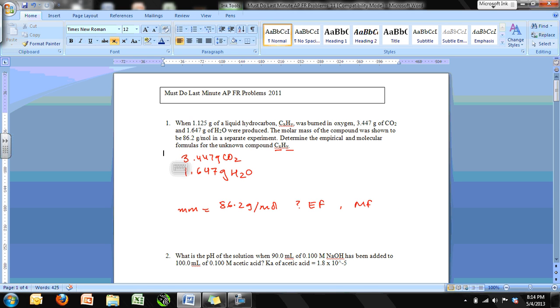This problem, however, just deals with carbon and hydrogen. So you're going to figure out moles of carbon from mass of carbon dioxide. You know 44 grams of carbon dioxide is 1 mole of carbon dioxide, and in 1 mole of carbon dioxide you have 1 mole of carbon.